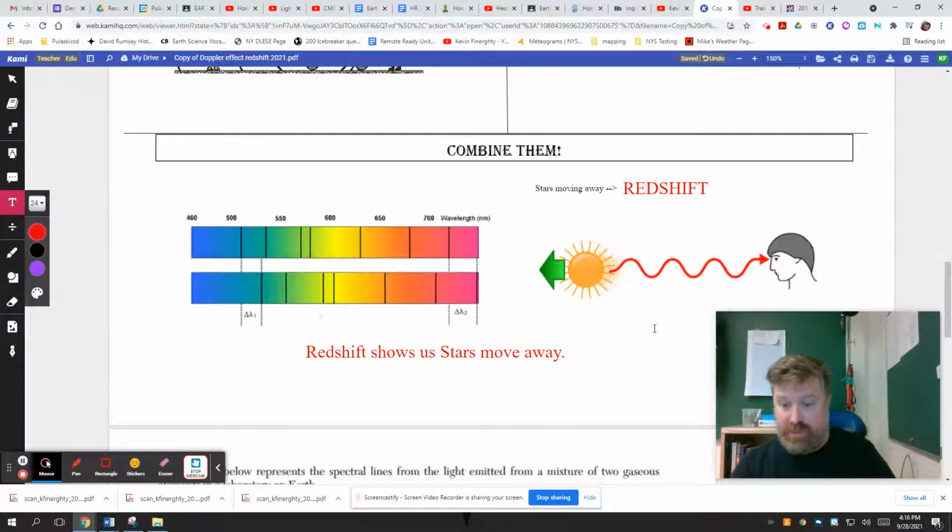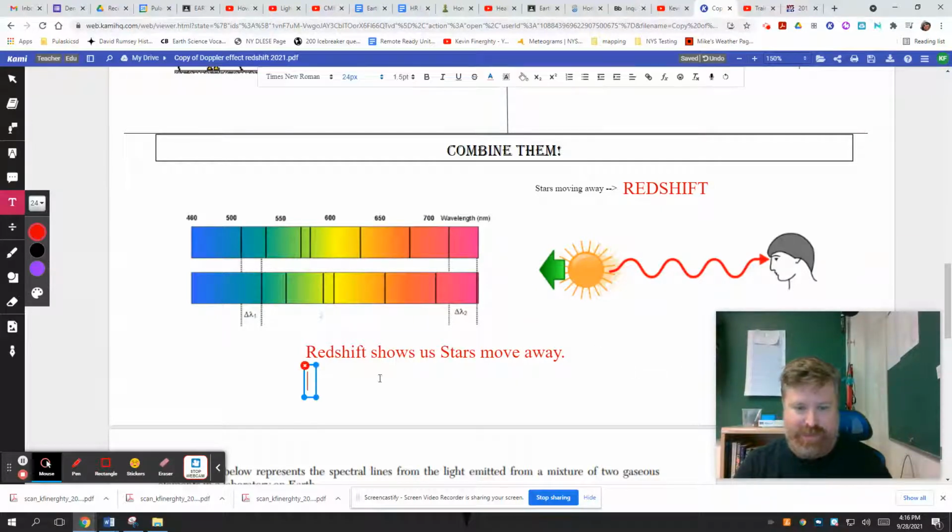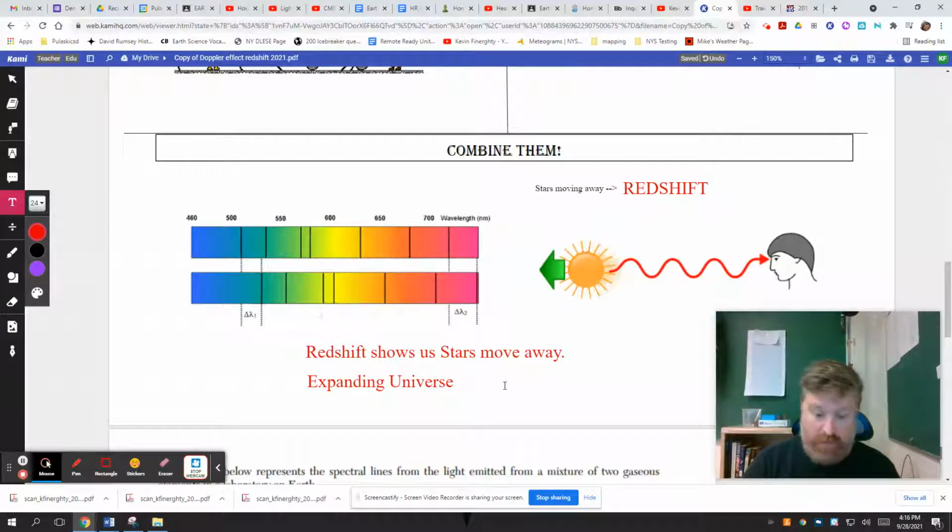We've observed this. We see all over the place stars are moving away from us, which gave us the idea that we live in an expanding universe. Now, if you're really thinking about this, I'll tell you where I struggled with this even in college.